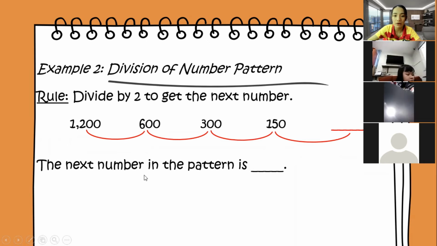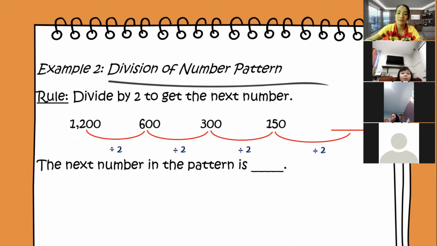The next number in the pattern is blank. 1,200 divided by 2 equals 600. 600 divided by 2 equals 300. 300 divided by 2 equals 150. And 150 divided by 2 equals 75. Okay, very good. So the answer is 75.